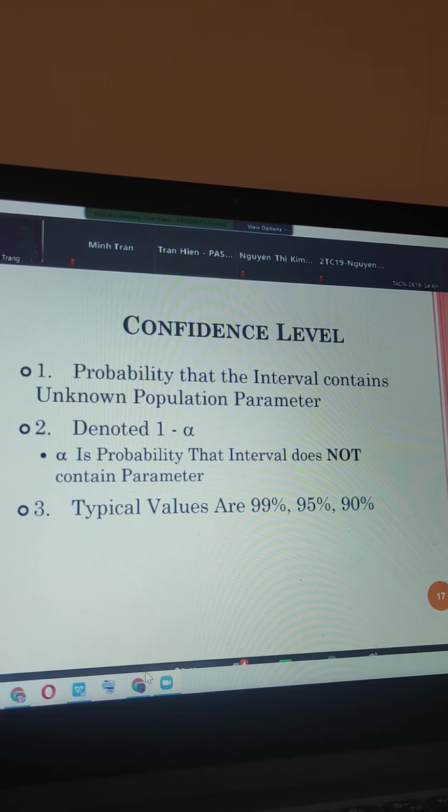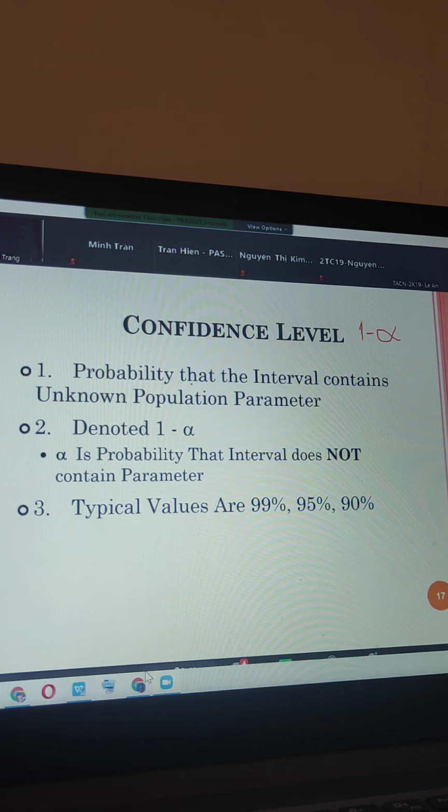Okay, so this slide will show you the meaning of alpha. The confidence level is denoted by 1 minus alpha.